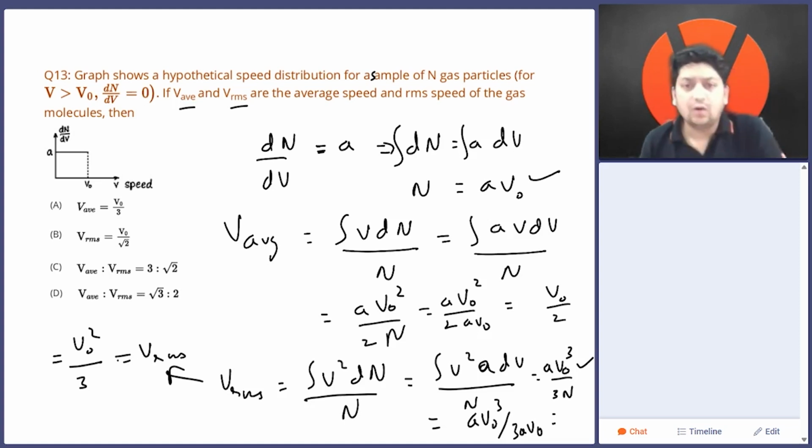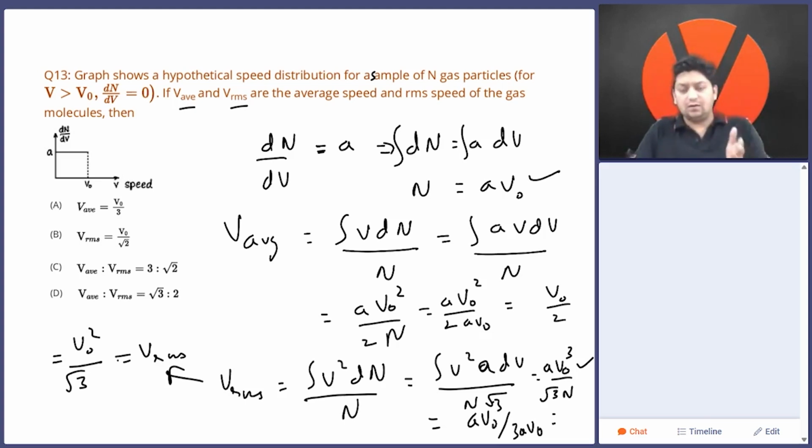Now what we need to figure out is the relationship between V average and V RMS. One more thing over here, the value will consist of an under root also, because this is root mean square velocity.